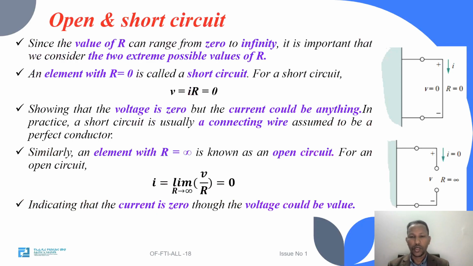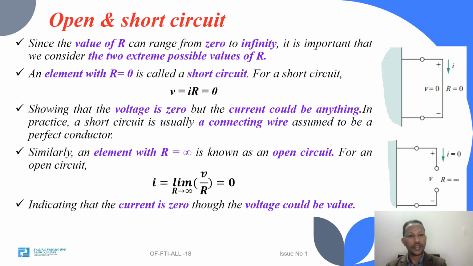As we have seen in the previous slide, the open circuit and short circuit, the physical meaning will be determined by the value of R. R can range from 0 to infinity, so it's important that we consider the two extreme possible values.